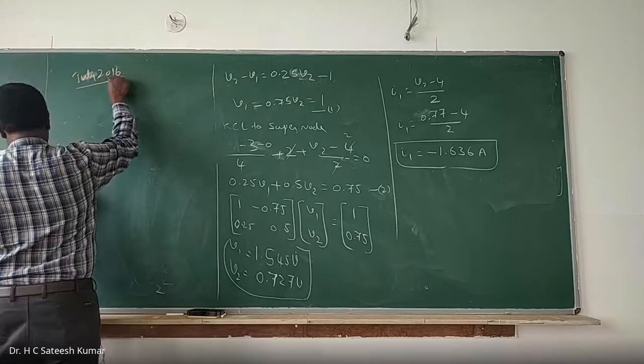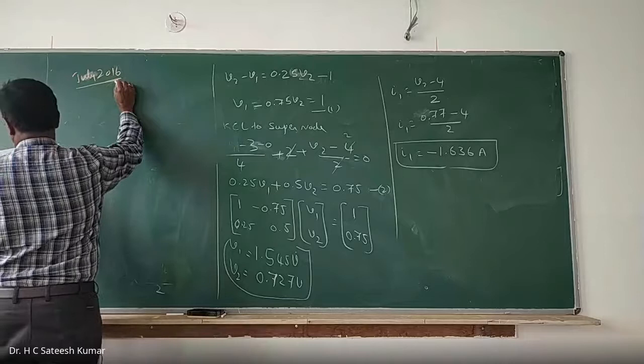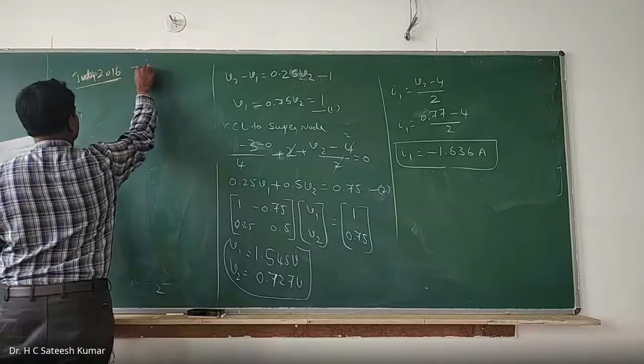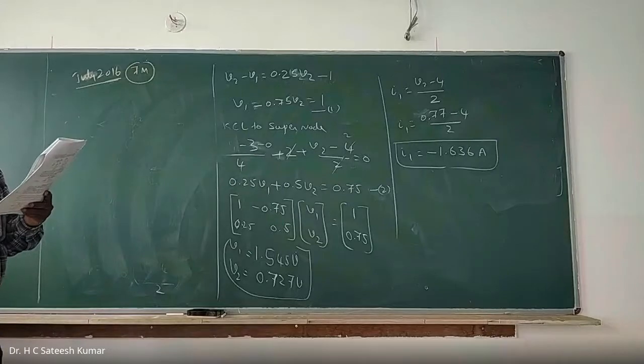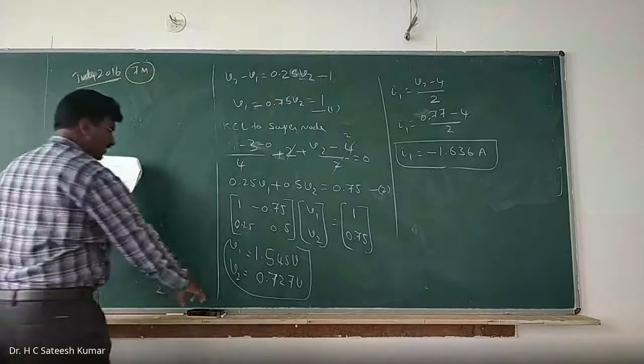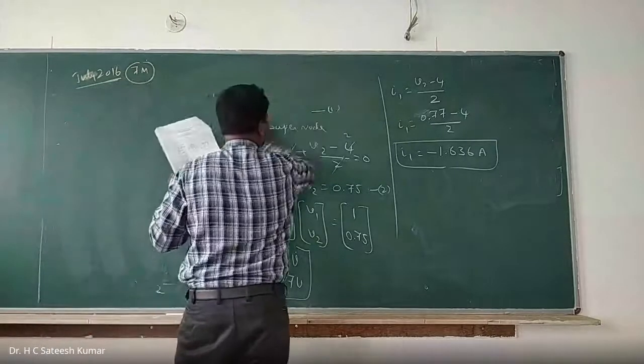July 2016, and this question was asked for 7 marks. The question is: find all node voltages in the circuit shown in the figure. The circuit is given like this.